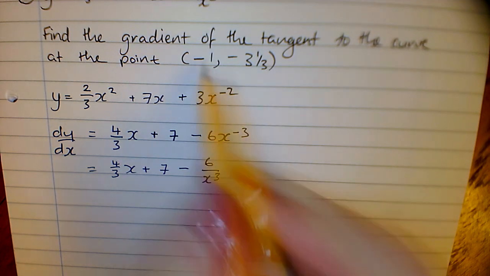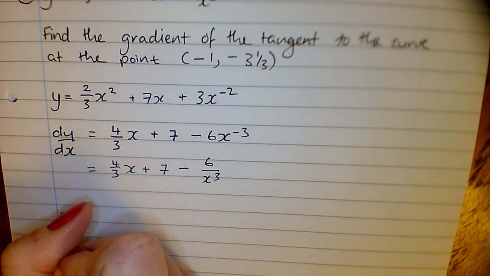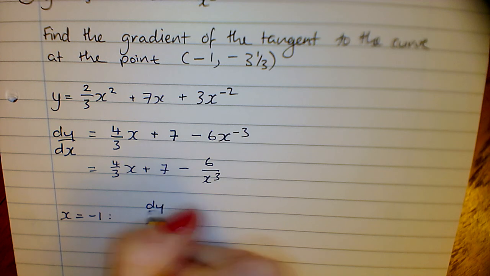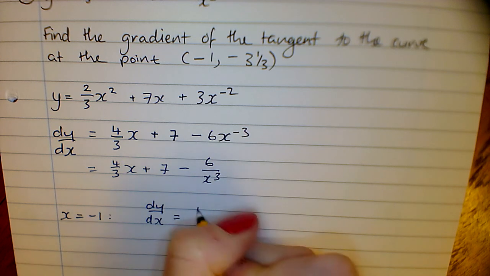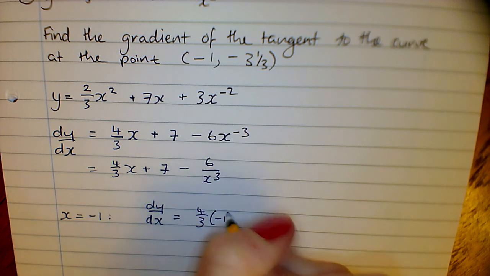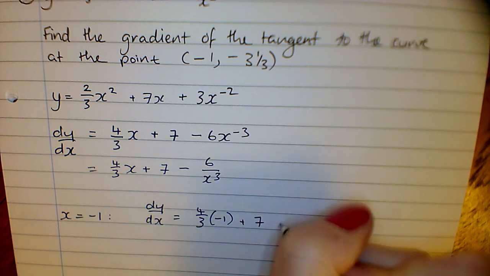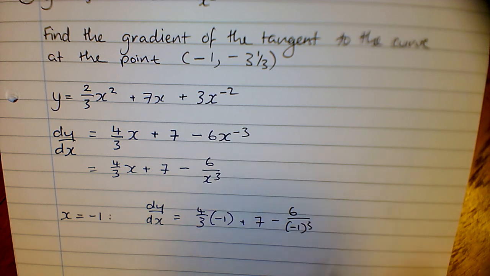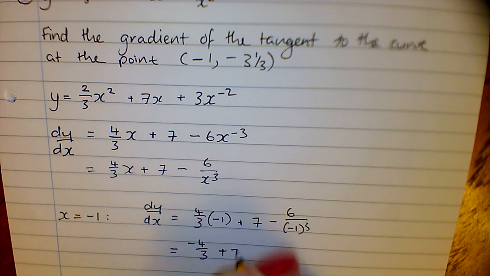Now this time we're given the coordinates, but we only need the x value. So when x is minus 1, dy by dx equals 4/3 times minus 1 plus 7 minus 6 over minus 1 cubed. So that gives us minus 4/3 plus 7.